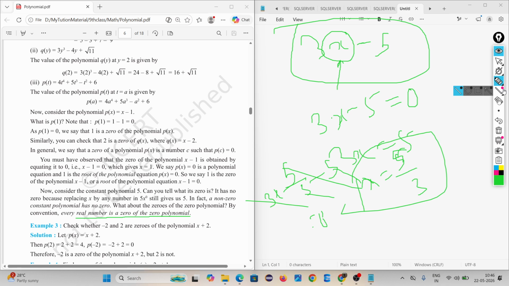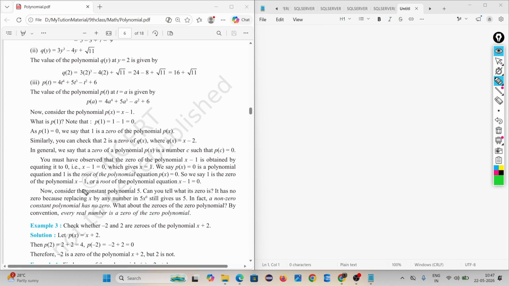Now consider the constant polynomial 5. 5 is a constant polynomial, that is 5x to the power 0. It has no zero because replacing x by any number in 5x to the power 0 still gives us 5.